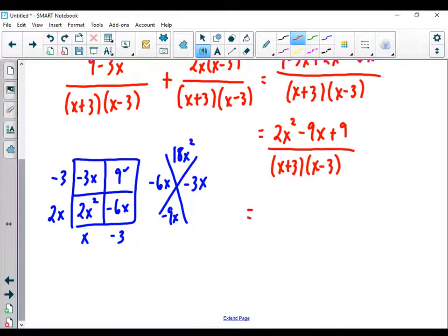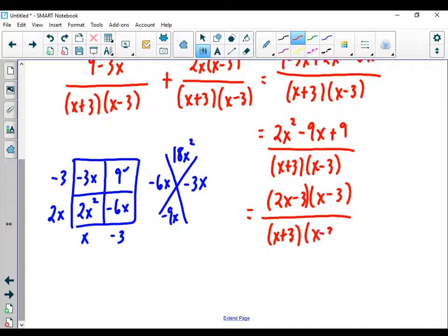So the top can be factored into (2x minus 3) times (x minus 3), over (x plus 3) times (x minus 3). And so we could simplify this one a little bit. We get x minus 3 over itself, and so my answer for this one would be (2x minus 3) over (x plus 3).